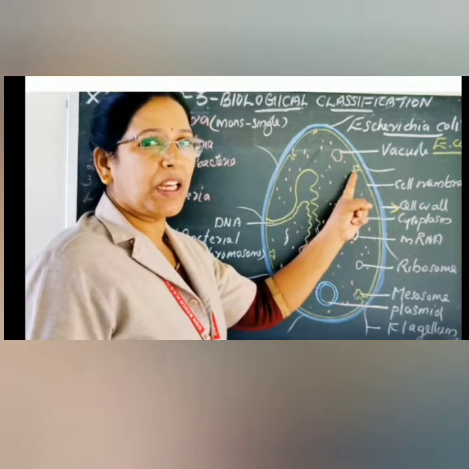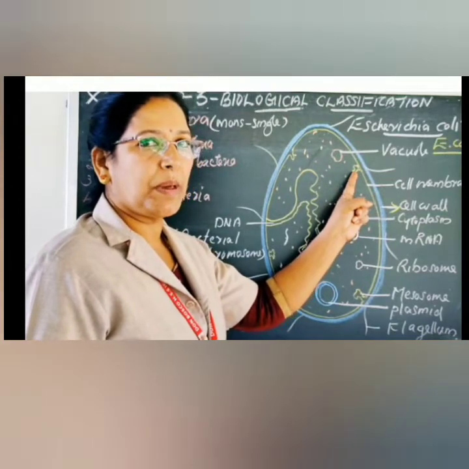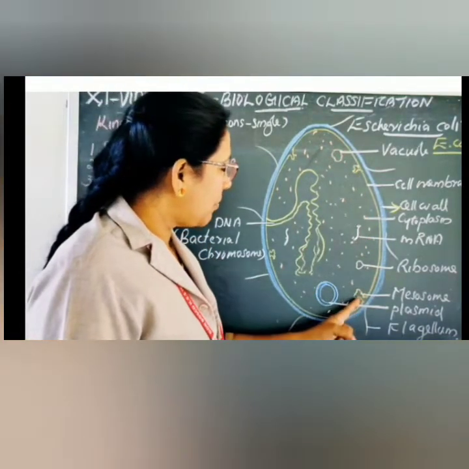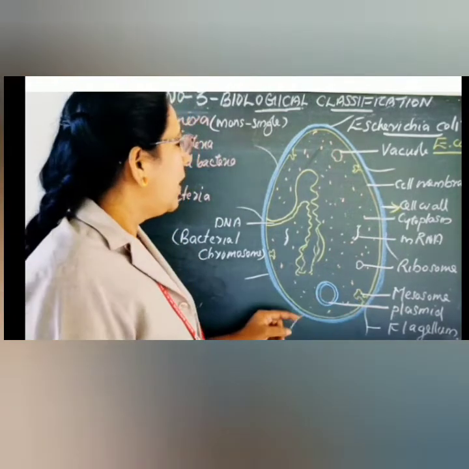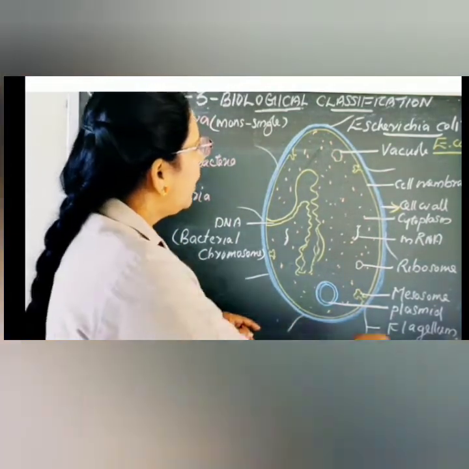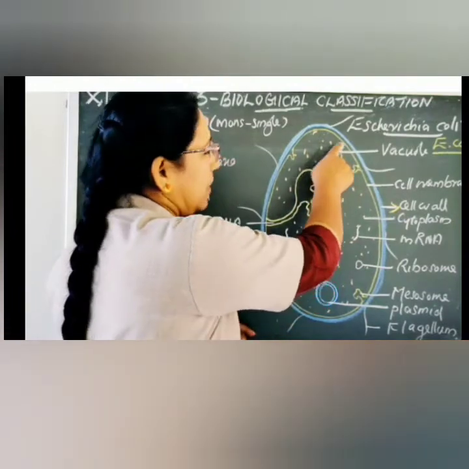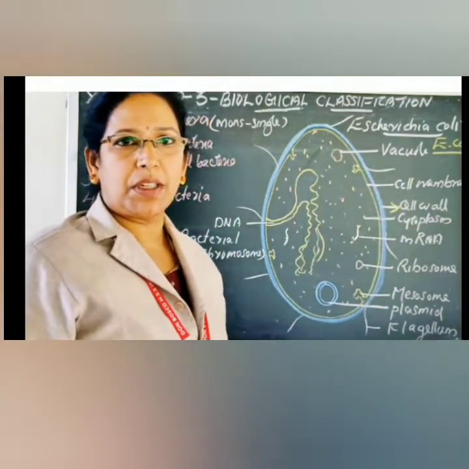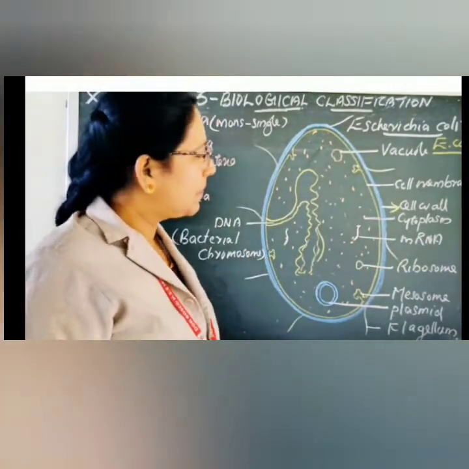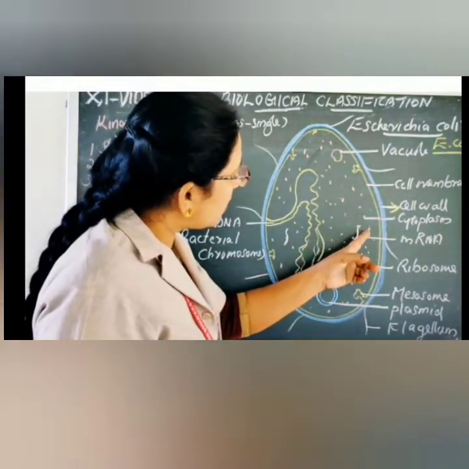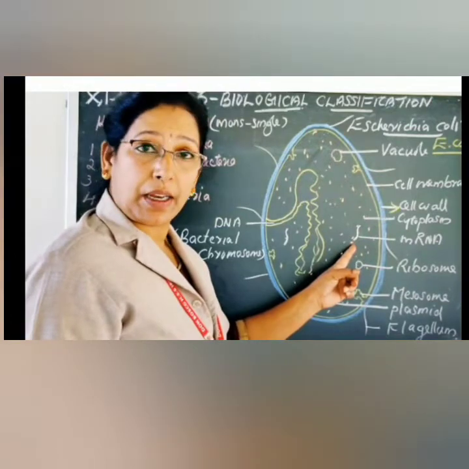The cell membrane is also called the plasma membrane. Plasma membrane folding inwards is called the mesosome. Again, we can see a small vacuole present inside the cytoplasm. Again you can see small mRNA.